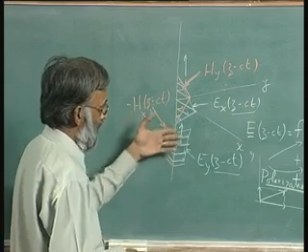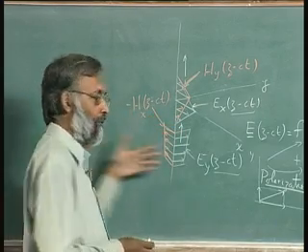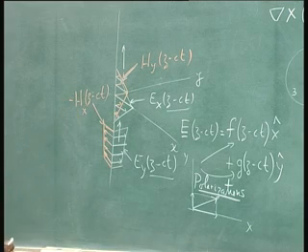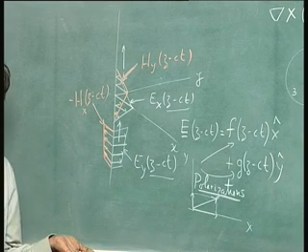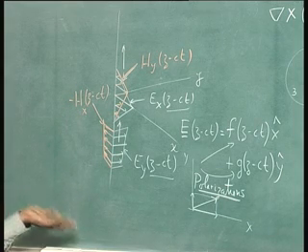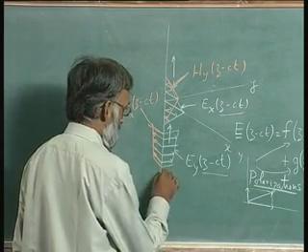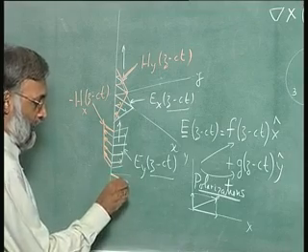But I could also find a wave where the electric field points along y, magnetic field points along the negative x direction, that will be called a y polarized wave. I could actually also find a wave where the electric field pointed neither along x nor along y, but pointed, say, in this direction.